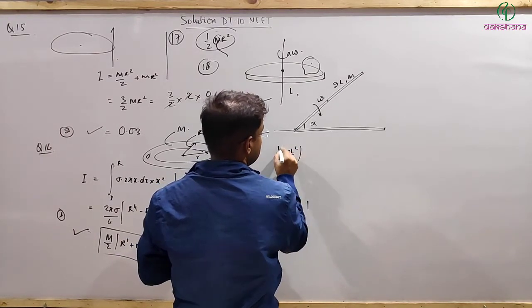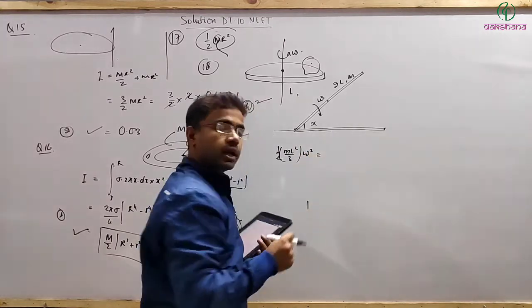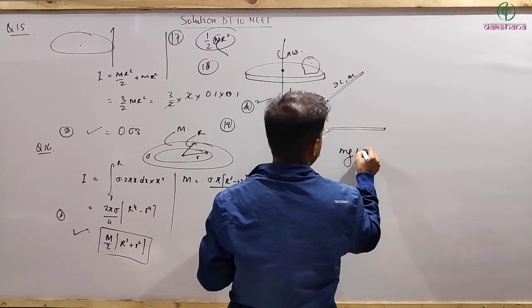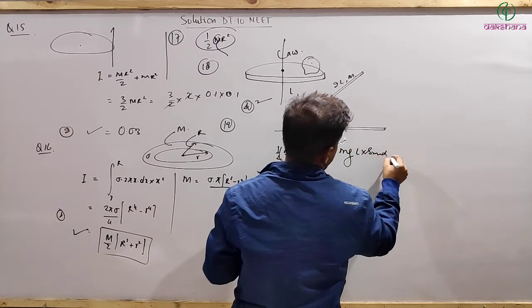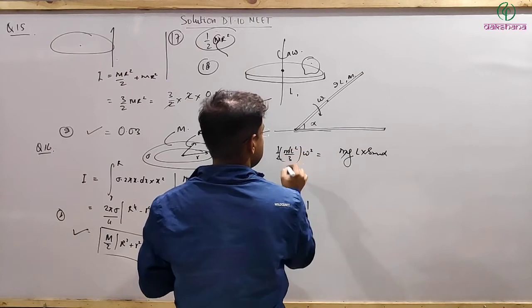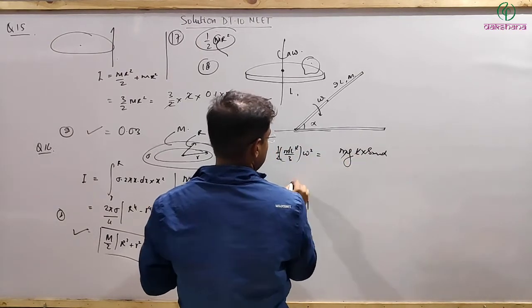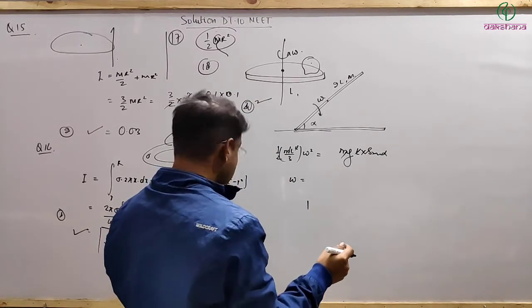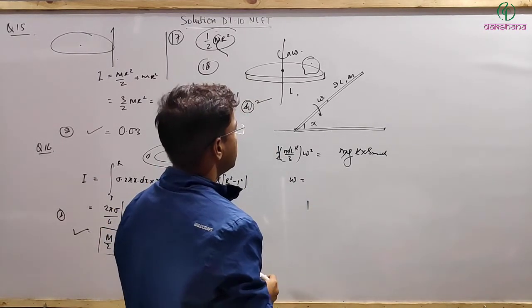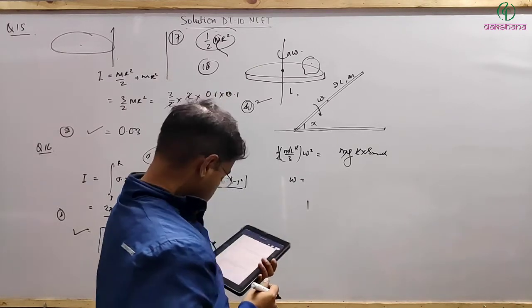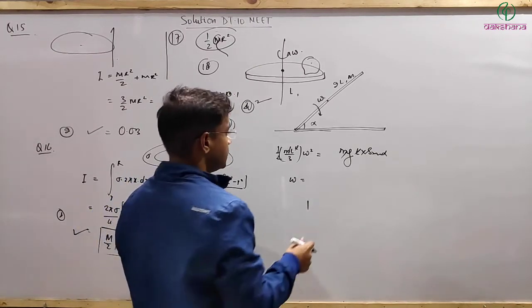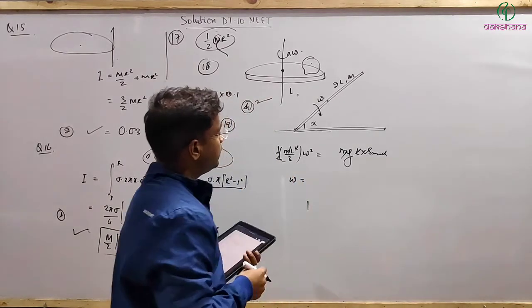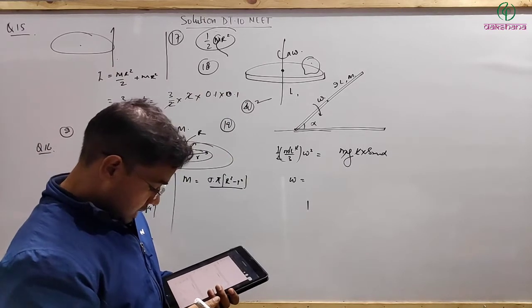This is half m l square by 3 into omega square, which will be the kinetic energy, and that is equal to what, m g into l into sine alpha. Simplifying it, m gets cancelled, 1 l gets cancelled. Half I omega square is equal to mg.